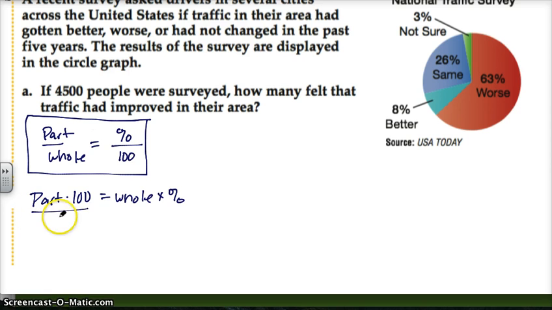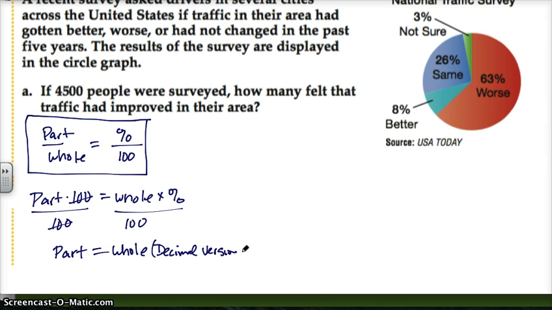And then you would divide both sides by 100. I know this seems like a bit of gobbledygook. Just walk with me for a minute. And when you're done, you get that the part is equal to the whole times the percentage over 100. But if I do the percentage over 100, what I get is a decimal version, the decimal version of the percent.